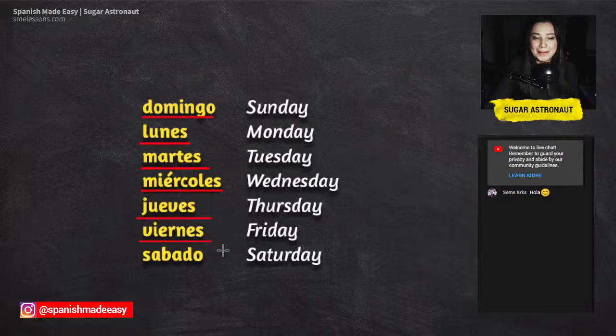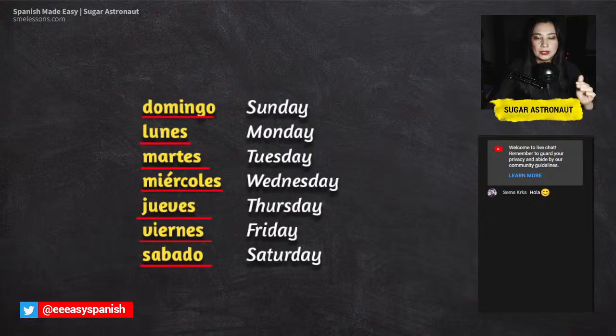Viernes, viernes is Friday. And sábado, sábado, that means Saturday. So those are the days of the week in Spanish: domingo, lunes, martes, miércoles, jueves, viernes, sábado.